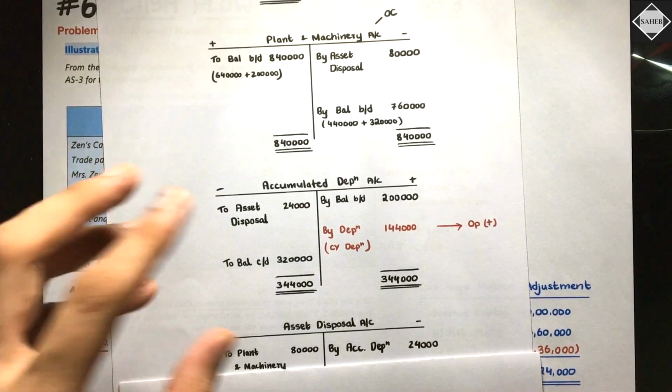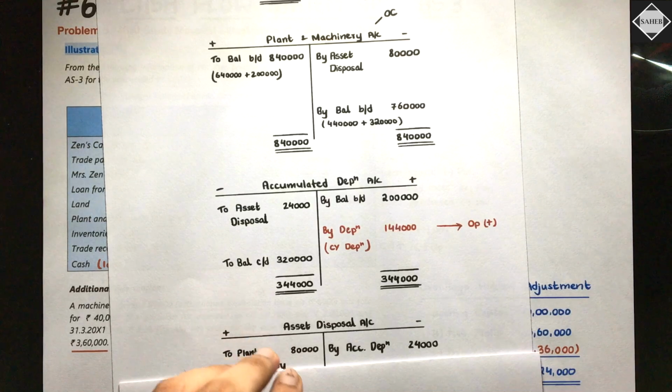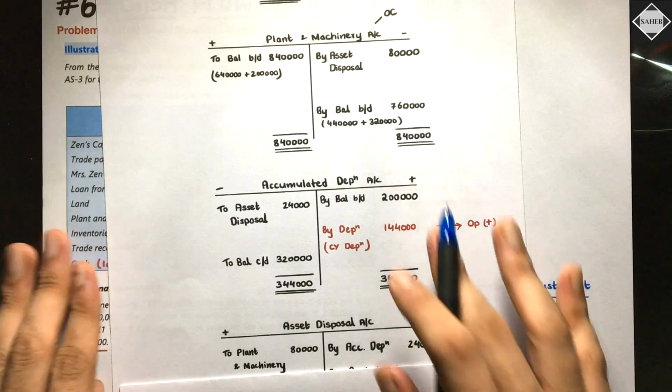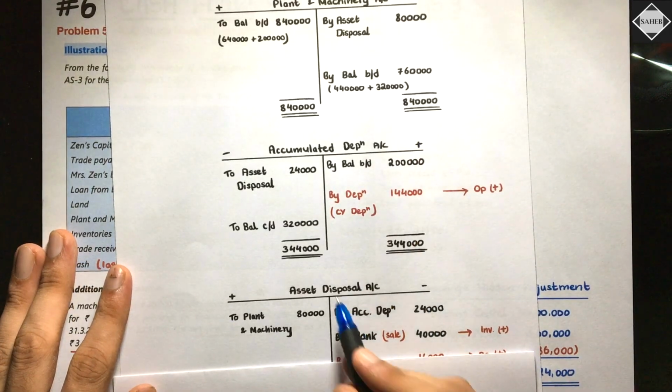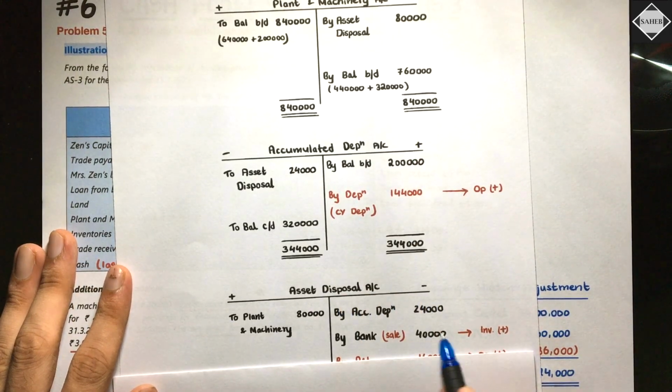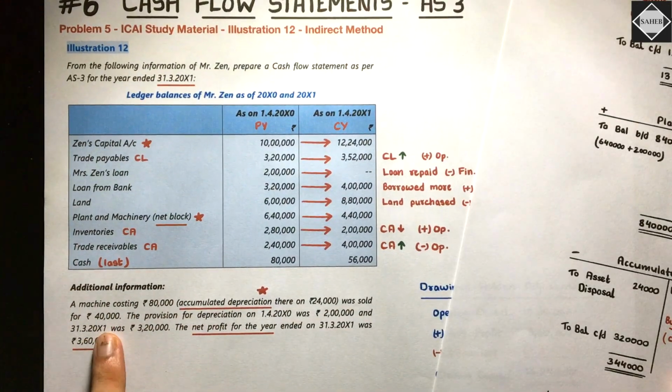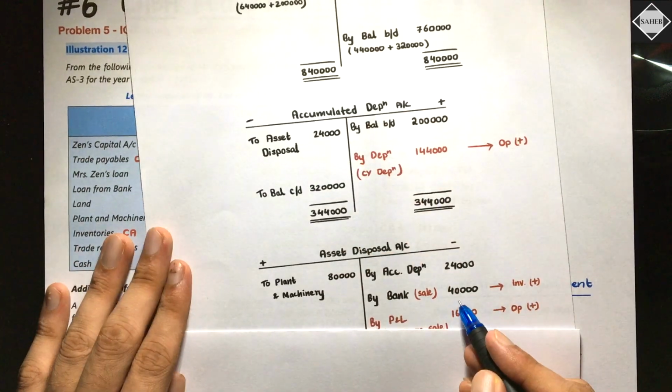Is it clear? Asset came in at cost 80,000. You took all the depreciation over here. Then you have to take the sale by bank. Asset disposal is decreasing because you have sold it for 40,000. The question has told you it has been sold for 40,000.